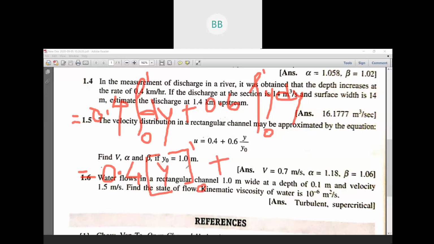Then 0.6 is a constant term, and integration of y will be y square divided by 2, with limits from 0 to 1.